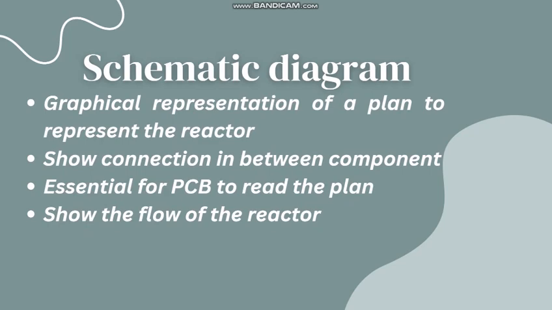And the schematic diagram is a graphical representation of a plan to represent the reactor. It is the simplest way to represent the model. A schematic diagram also shows the connection of the reactor or the model. From this connection, we can see the flow of the reactor. A schematic diagram is also essential for PCB engineers to read the plans.